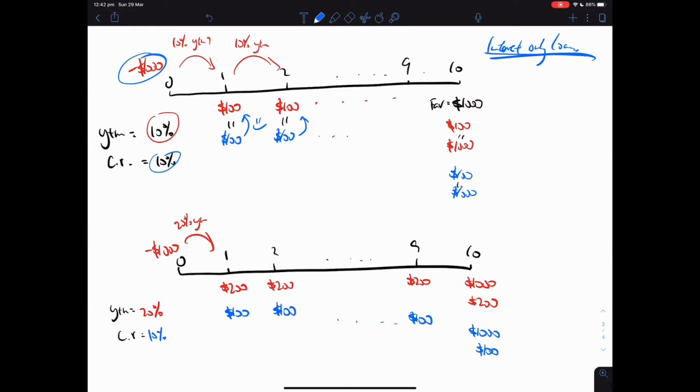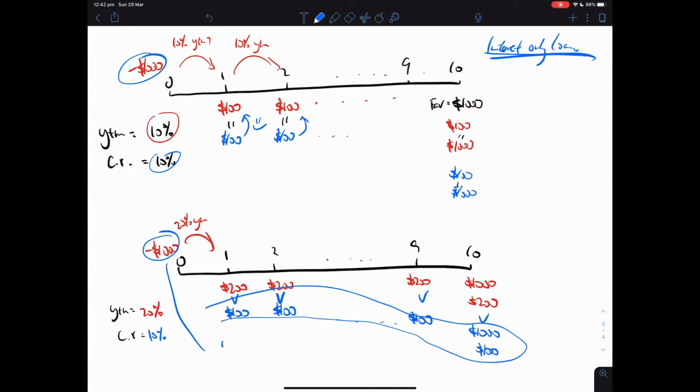So here, do they give you enough? No, they don't give you enough, right? That is smaller than that, that is smaller than that, that's smaller than that. Because they're not giving you enough money, you're not going to be lending them $1,000 for this payment. So you will be paying them a price that is a lot less than 1,000.